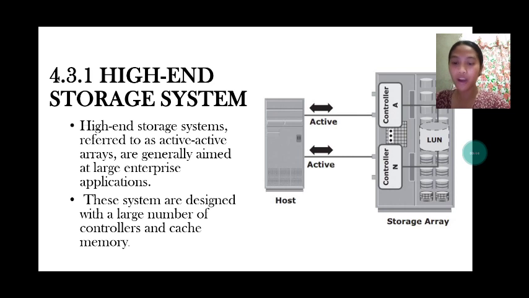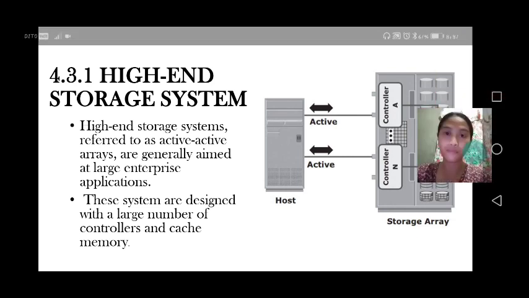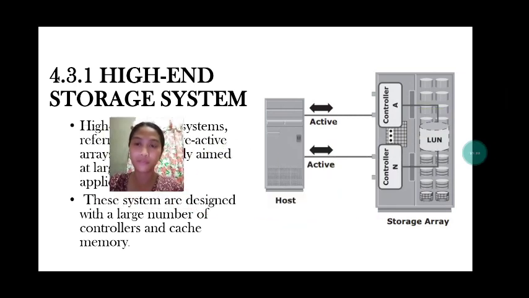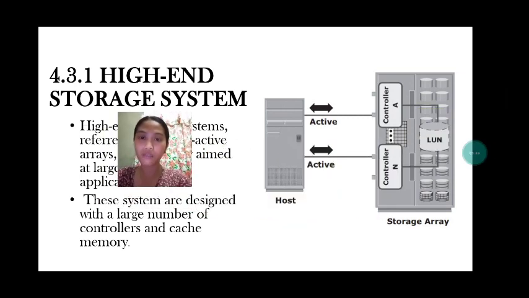An active array implies that the host can perform IOs to its LUNs through any of the available controllers. So we have a figure here. As you can see, this is the figure of the high-end storage system.